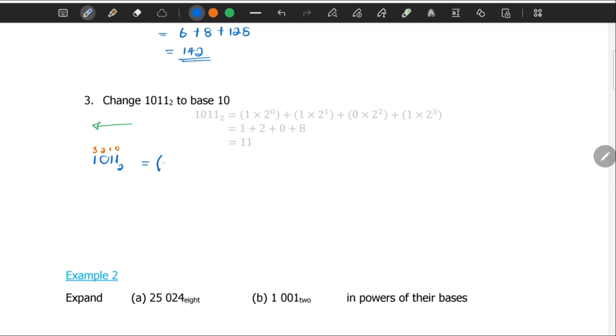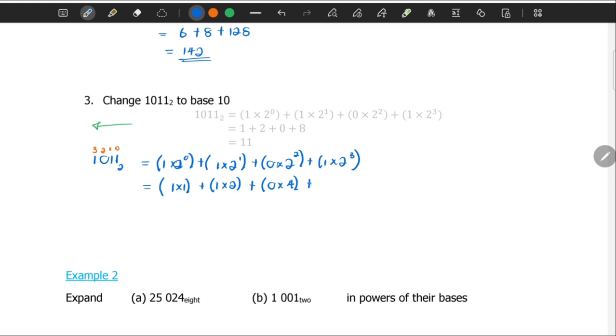So that's going to be equal to 1 times 2 to the power 0 plus 1 times 2 to the power 1 plus 0 times 2 to the power 2 plus 1 times 2 to the power 3, which becomes 1 times 1 plus 1 times 2 plus 0 times 4 plus 1 times 8, which becomes 1 plus 2 plus 0 plus 8, and that adds up to be 11.